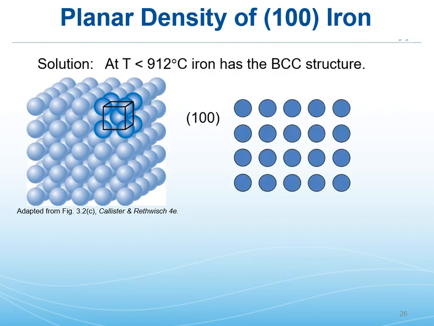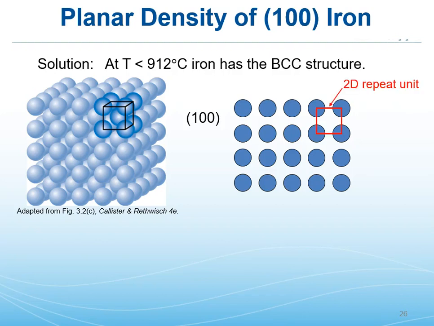As you can see, this is not a close packed plane. If we took the corner atoms on the unit cell that you see indicated with the dark spheres on the figure to the left and blew them up and just looked at them sliced straight through the nuclei, this is the 1,0,0 plane for BCC iron, for body-centered cubic. So this is not very close packed.